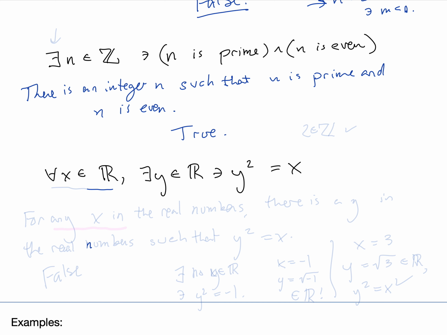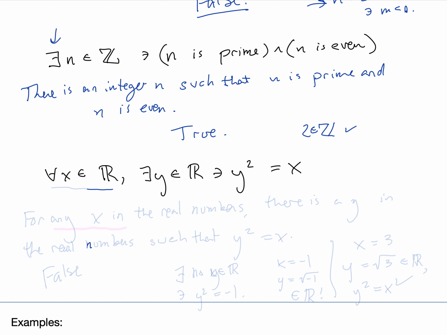That is true because 2 is such a value. 2 is in the integers and it satisfies both of those qualities. If this had been an upside down A instead of a there exists, then that would be a false statement. It's not true for any integer, but it is true for some integer. There exists some integer that makes this statement true.